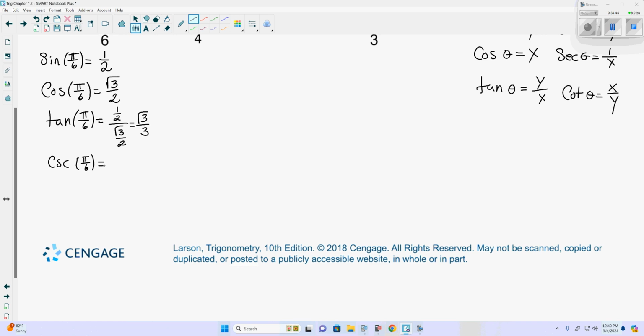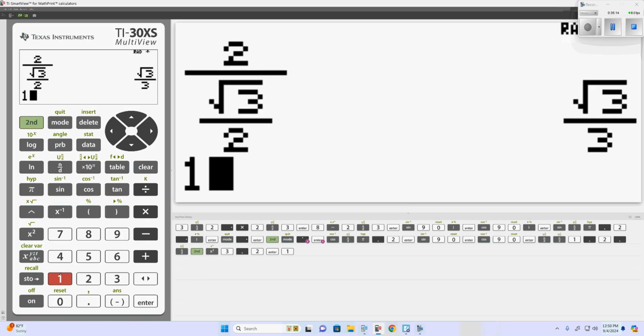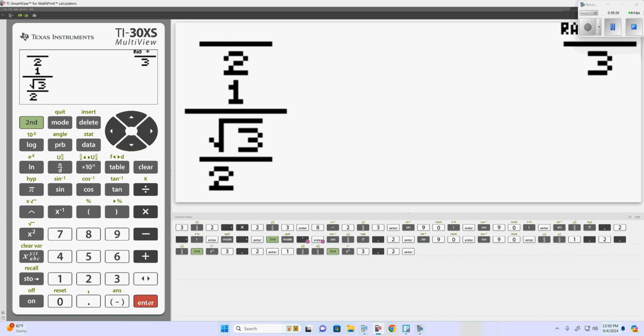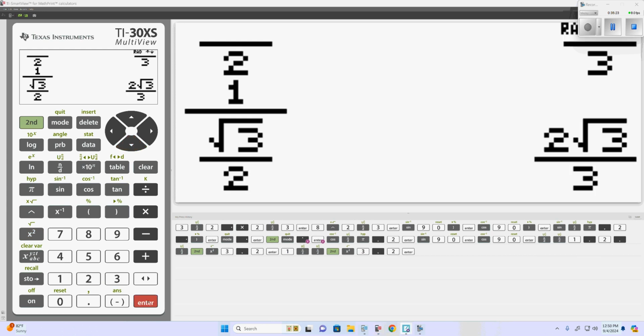So we'd have 1 over 1/2, and you type that in. 1 over 1/2 is just 2. SEC is 1 over x, so 1 over square root of 3 over 2 is 2 square root of 3 over 3.